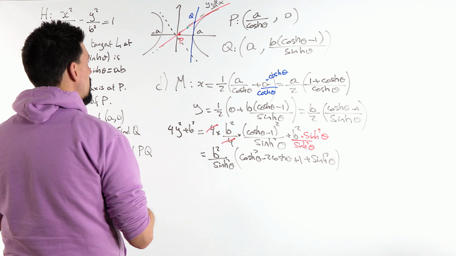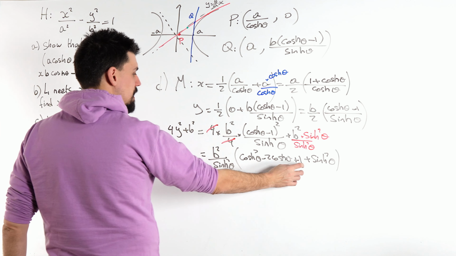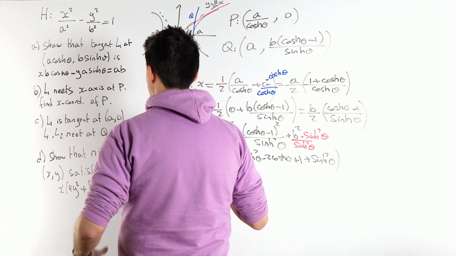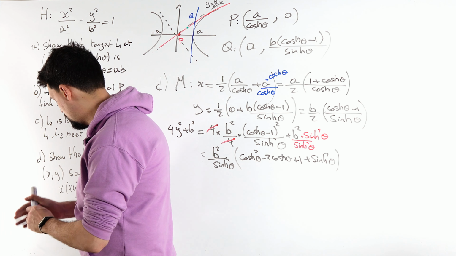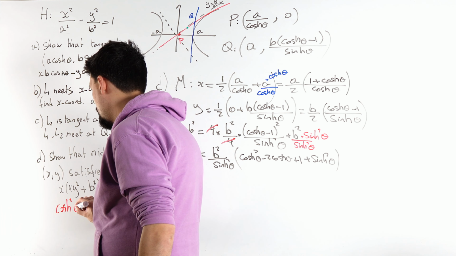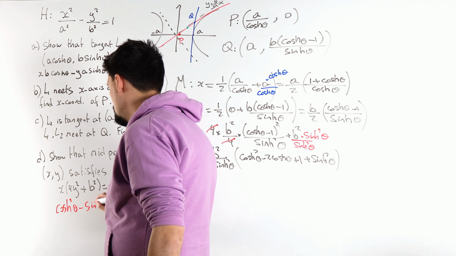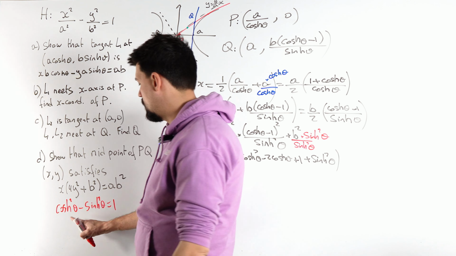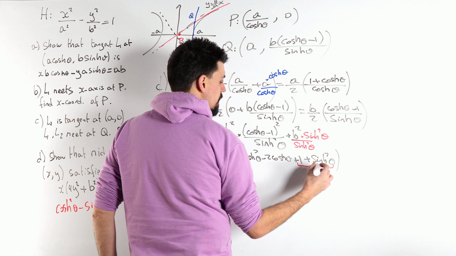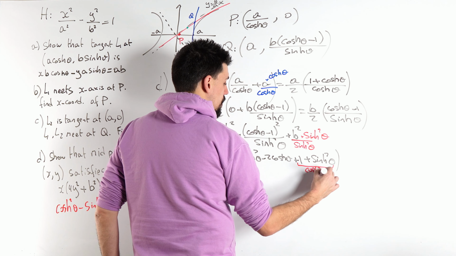Now, what do we know? I feel like we should be able to do something with this, reminding ourselves that cos squared, let's remind ourselves down here, that cos squared theta plus sine squared theta is equal to 1. So that tells me actually that that is just 1.